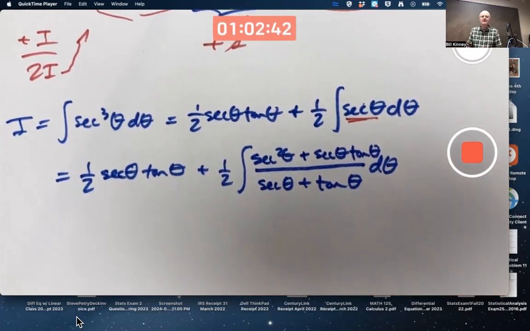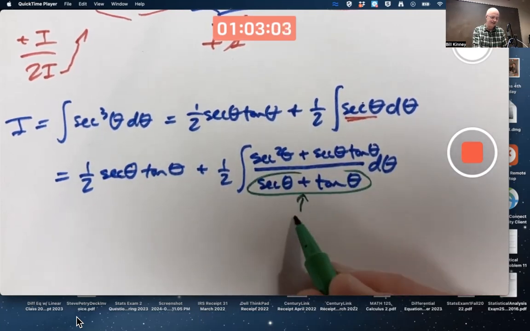Why did I do that? Guess what? This integral is now trivial. Do you see it? Do you see why it's trivial? Yes? A few people are nodding yes.